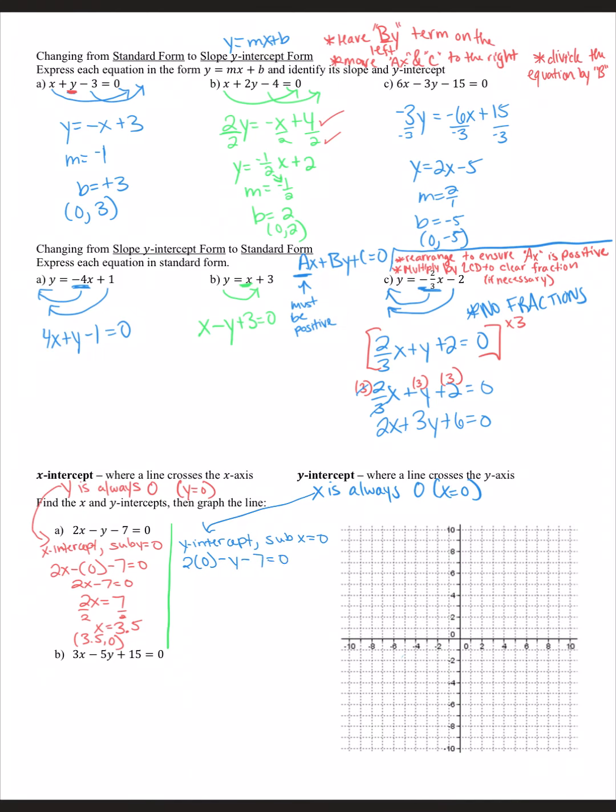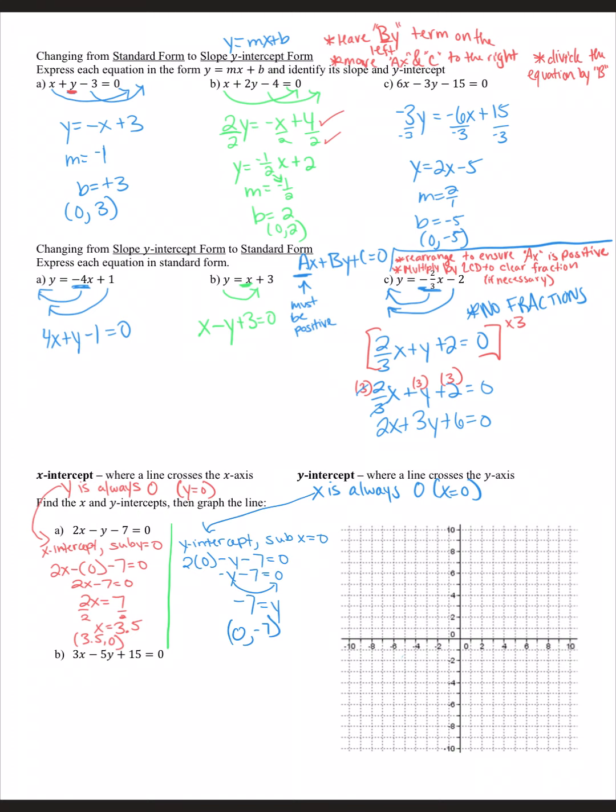So 2 times 0 is just 0. We're left with negative y minus 7 equals 0. And then I'm going to bring my y over to this side because I'm trying to make it positive anyway. So we'll have a negative 7 equals a positive y. And again, if this is my y-intercept, we can write it as a coordinate of 0, negative 7.